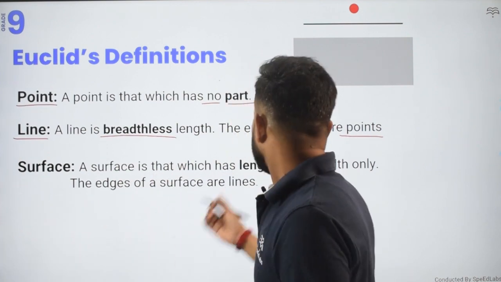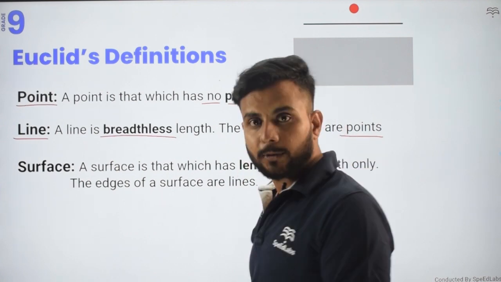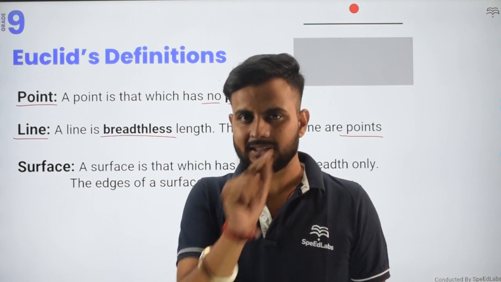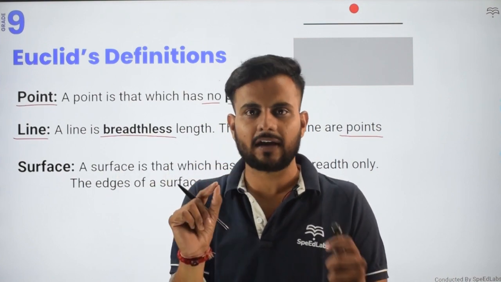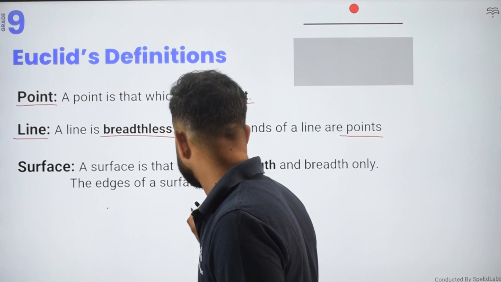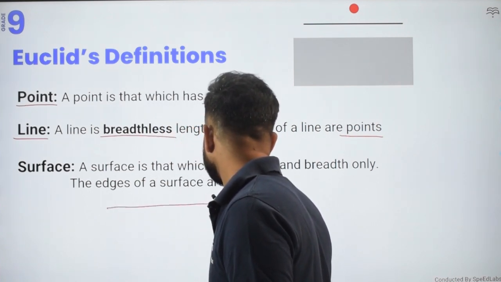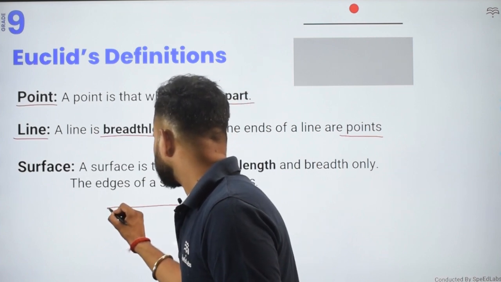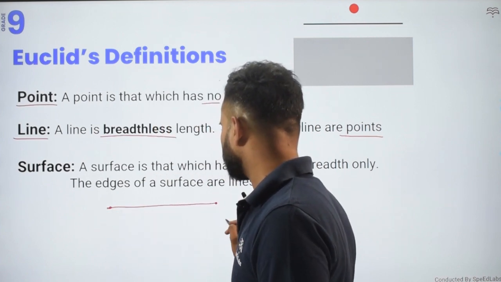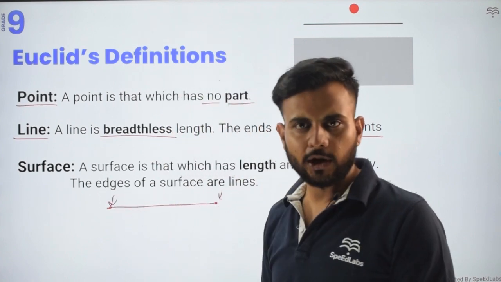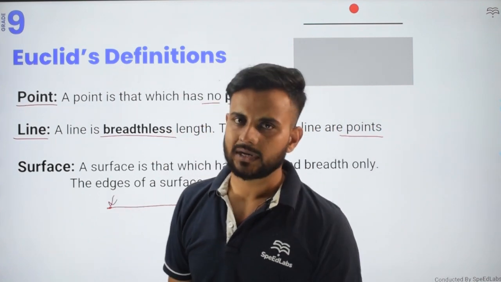And the ends of a line are points. If you want to end it, you will just place 2 points. Let's say this is the first point, this is the second point, and if I join both the points, then this is what a line is. It has its end points as the points. So this is what Euclid says.